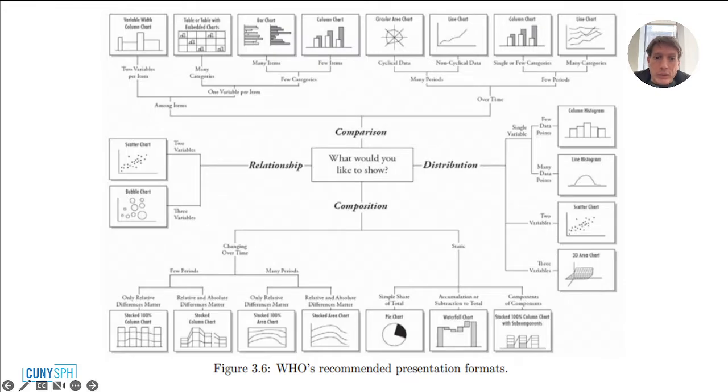We have few categories and many items. Then we explore the bar chart, and the bar chart is really useful when the categories are ordinal and you can see some kind of geometrical distribution that you want to highlight.